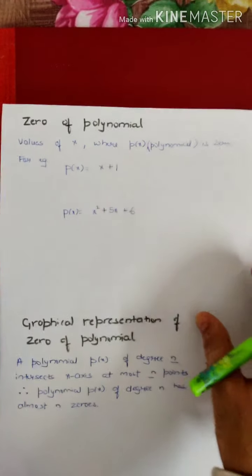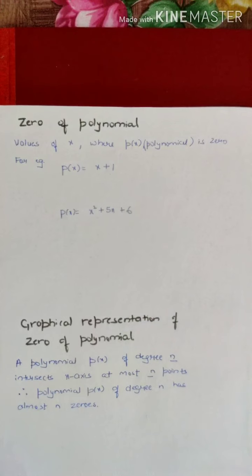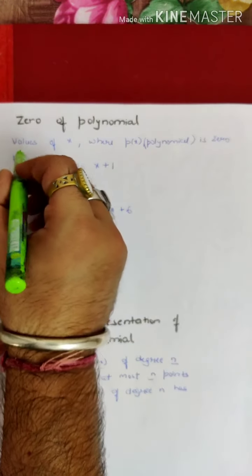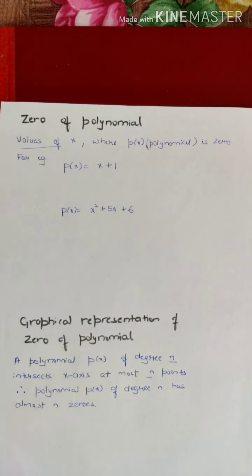The next topic that we are to study is zero of a polynomial. So first of all, what is the zero of a polynomial? Zero of a polynomial basically is the values of x where the polynomial represented by p(x) is 0.